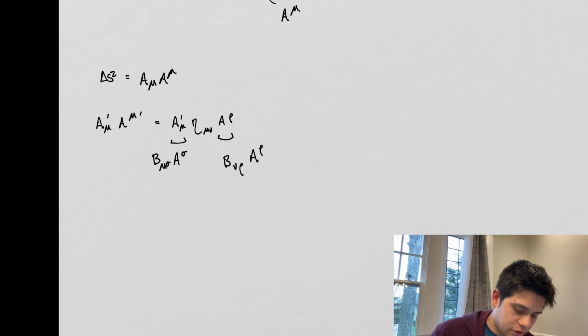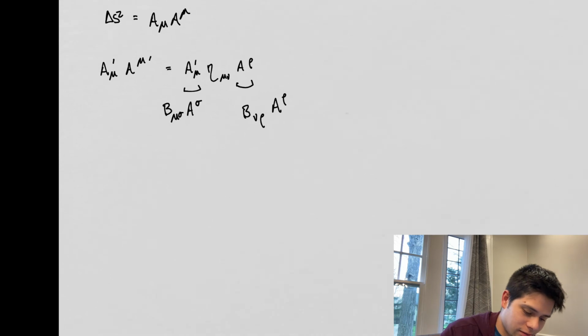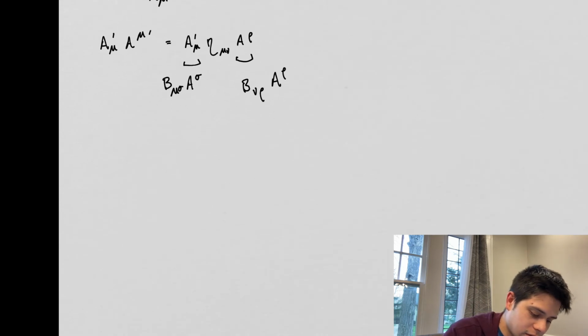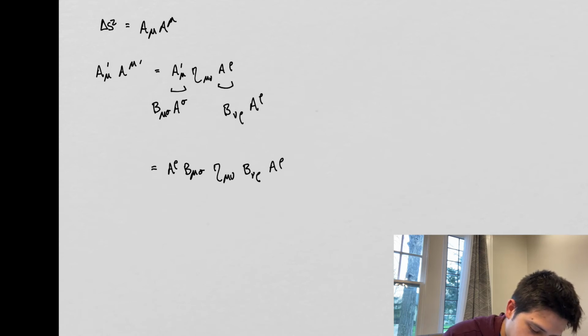Okay, I just want to make sure I got the indices good. Sometimes my head can mix those up a little bit, but anyways. So what we have now is, let's clean this up a little bit, a rho times b nu rho times gamma of mu nu times b nu rho times a rho.